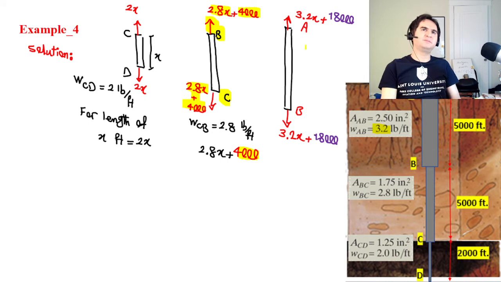So if you take an element of x, it's 3.2x plus a hanging load of 4,000 plus 2.8 times 5,000, which is 14,000. 14 plus 4 is 18 kips of extra dragging force, a tensile force at both ends of AB.